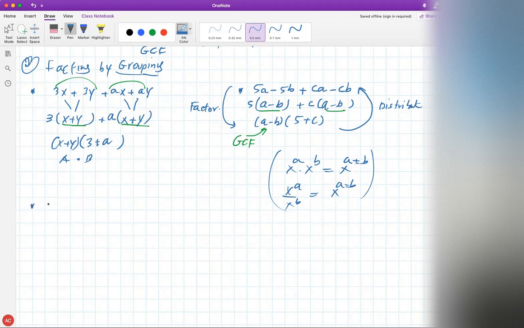Let me give you another example if possible. 2x, for example, minus 6. Okay, 2x minus 6, maybe another one. Possibly 6. Maybe x minus 3. We can multiply this, for example, by 3.